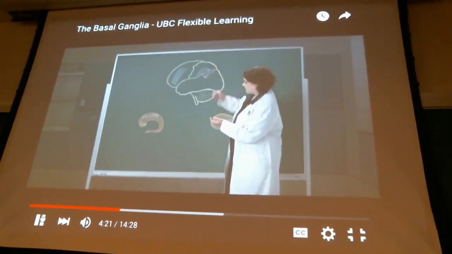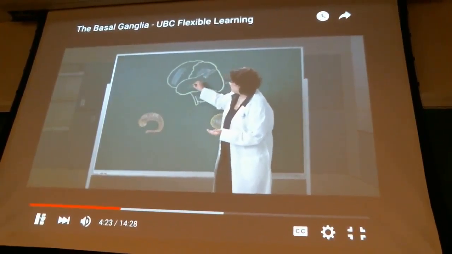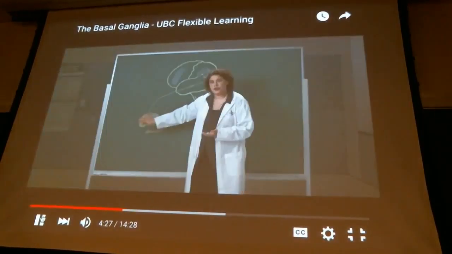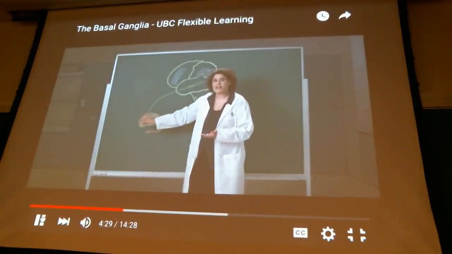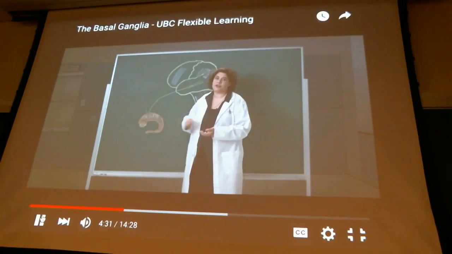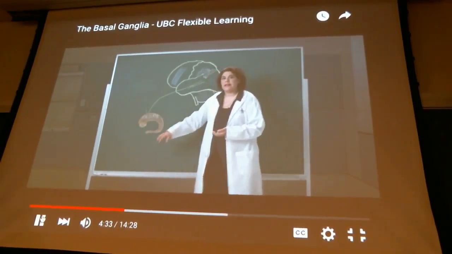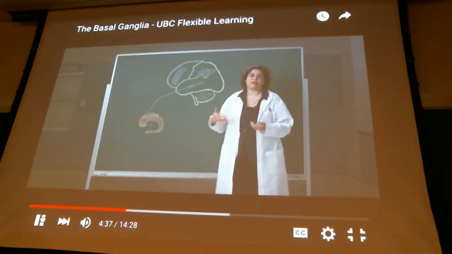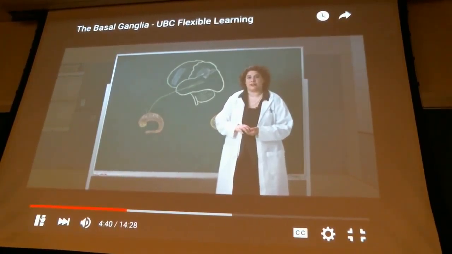Afferents from various cortical areas reach the caudate nucleus, and in particular the nucleus accumbens, which contains reward-affirming dopaminergic connections. These connections provide the rewarding feeling following the successful completion of a task.